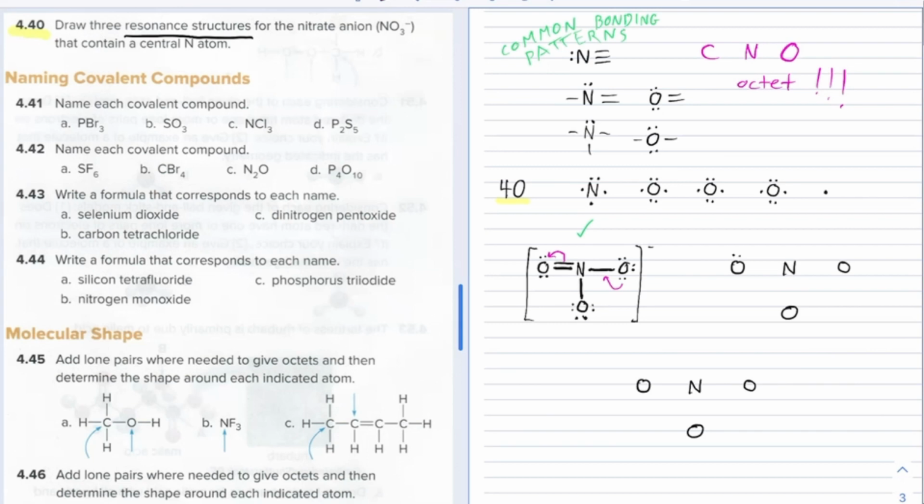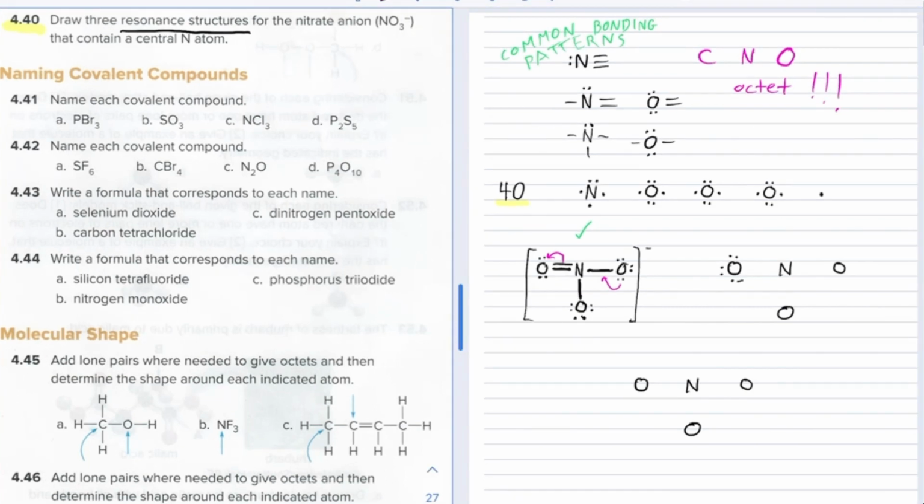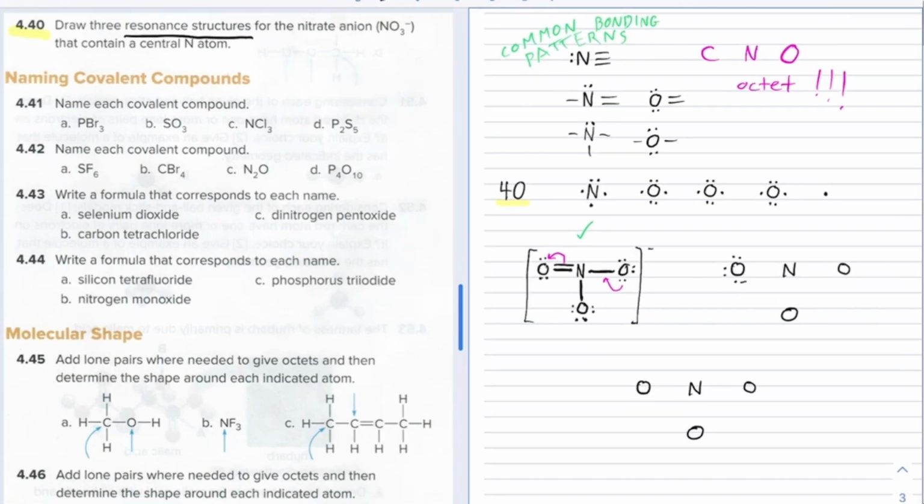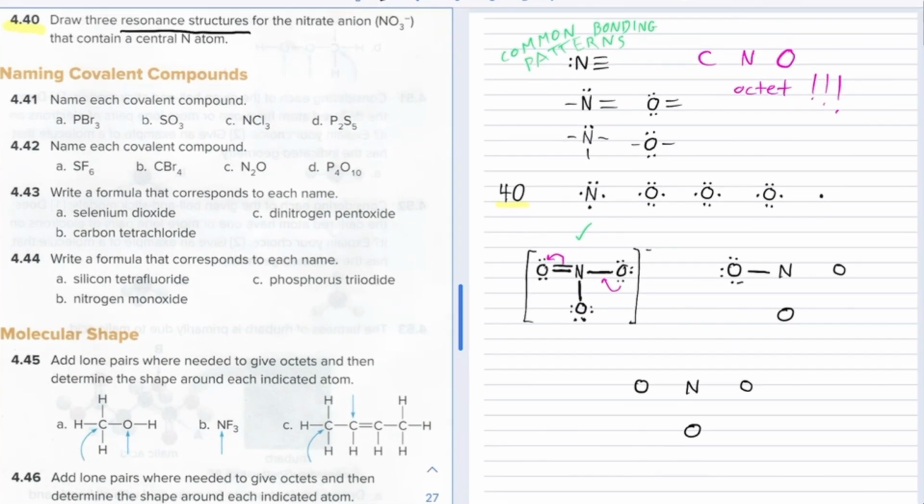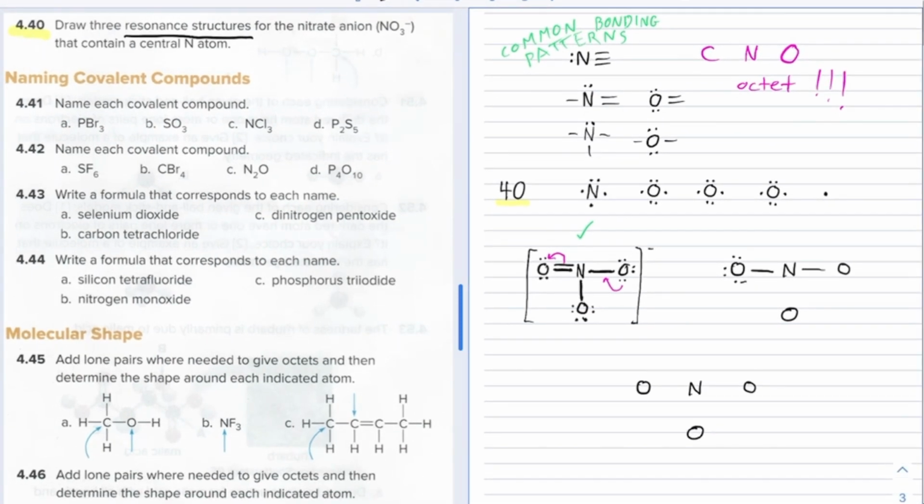Okay, now we can fill everybody in. So the oxygen over here will have 3 lone pairs now in a single bond. And then the one over there will have a double bond and 2 lone pairs. And the one down here still looks like that. We didn't do anything. And that's a good resonance structure as well.